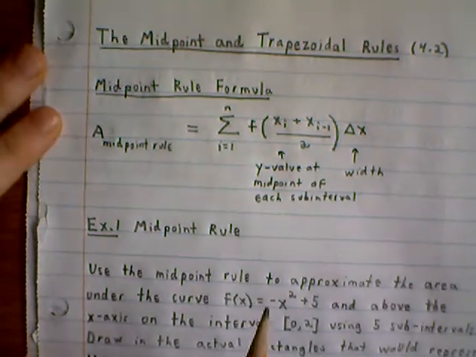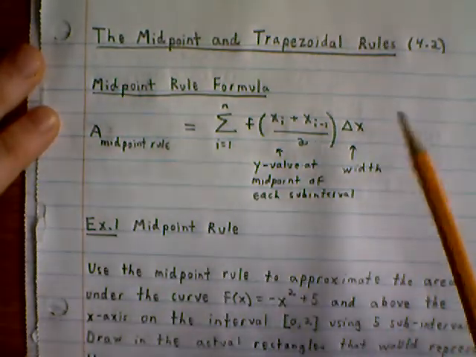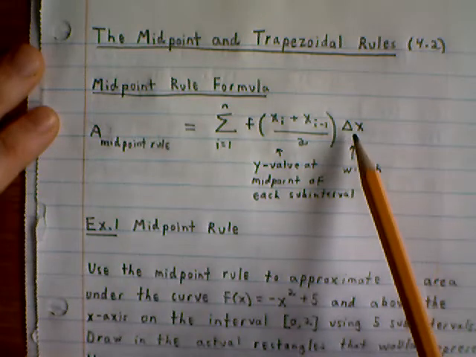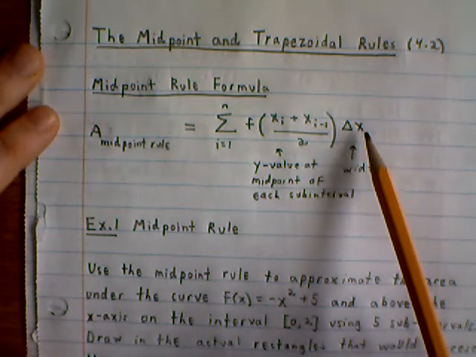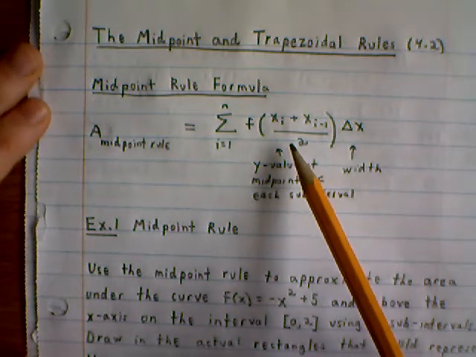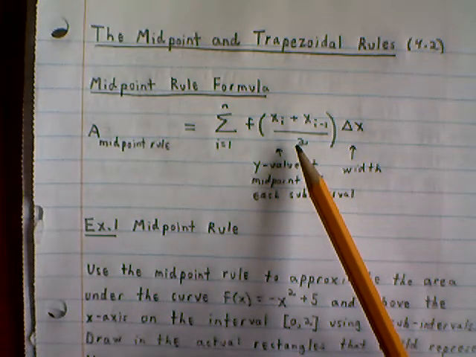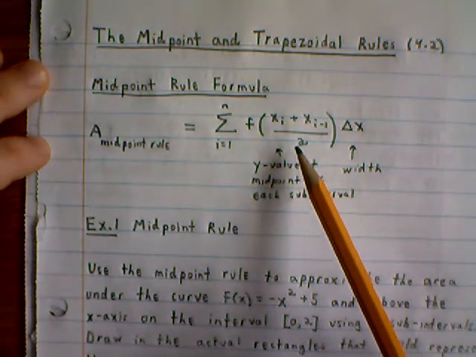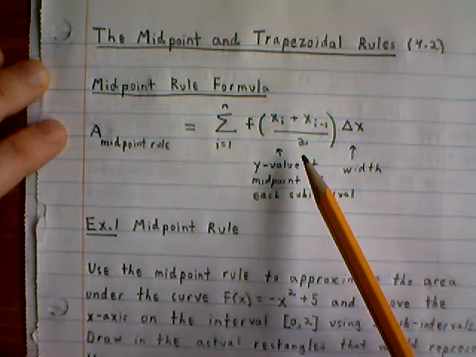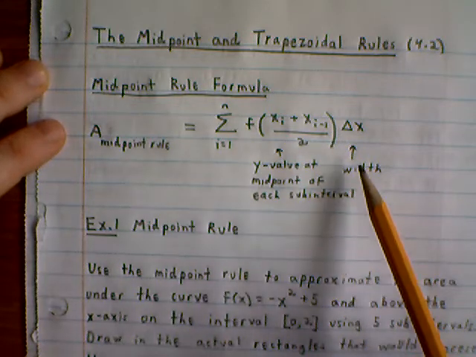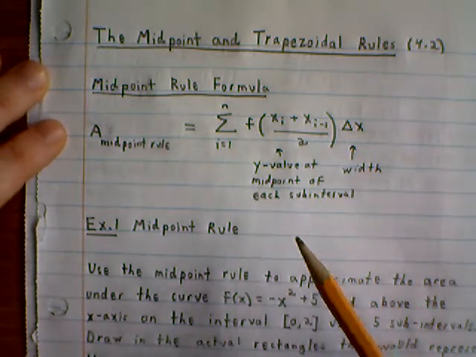So when we sketch our rectangles, in order to find the area of each rectangle, we're going to take the width times how tall the rectangle is at the midpoint of the subinterval. So it's going to be y values of the midpoint times the width.